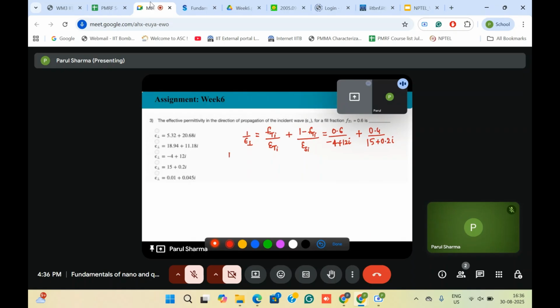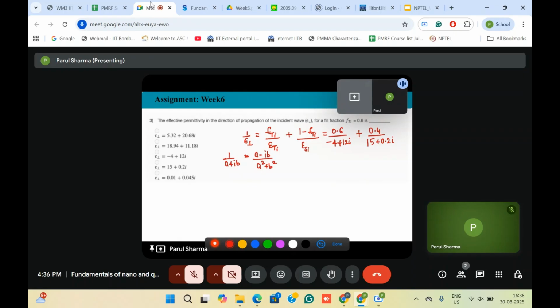So how can we solve this? 1 by a plus ib, we have to multiply by a minus ib, multiplying and dividing with a squared plus b squared. So we can solve this.